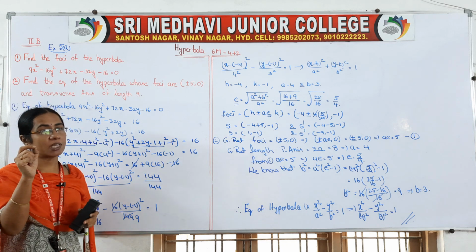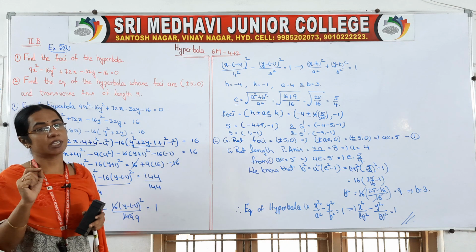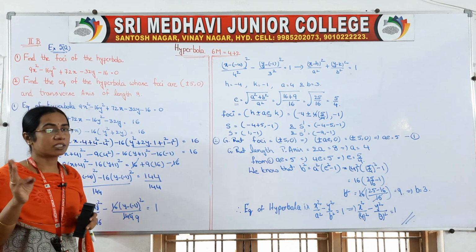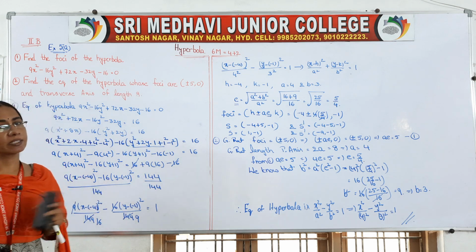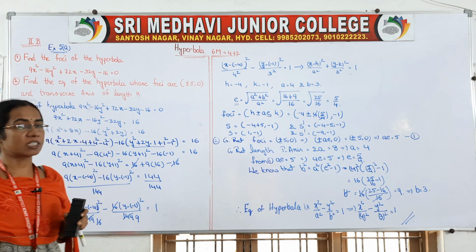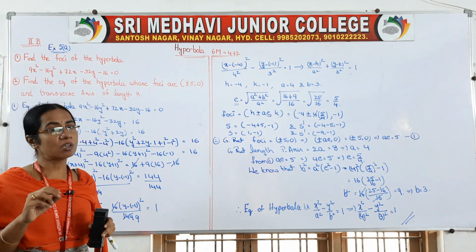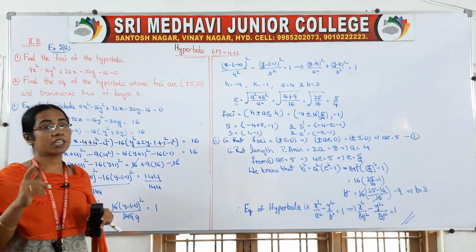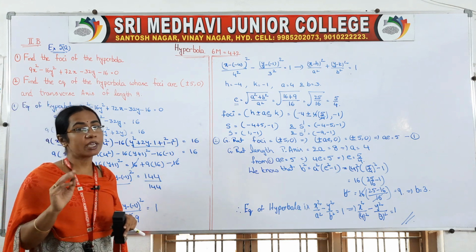Like that, small plus-minus changes will be there in the formulas. So be careful. All three will look the same, but small changes will be there with respect to formulas. Observe and practice the formulas carefully; especially with conic section formulas you should be careful.